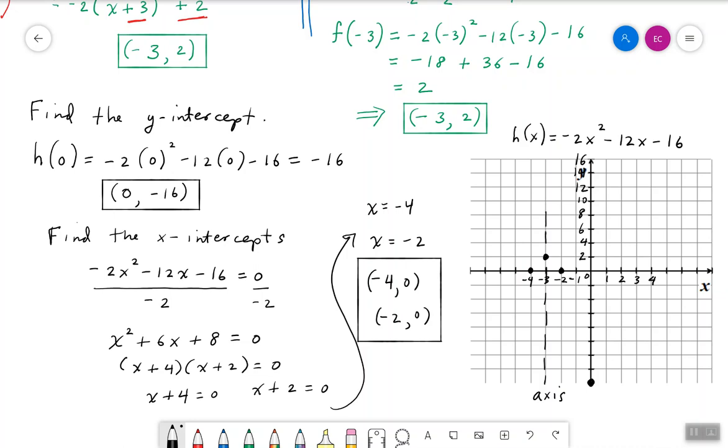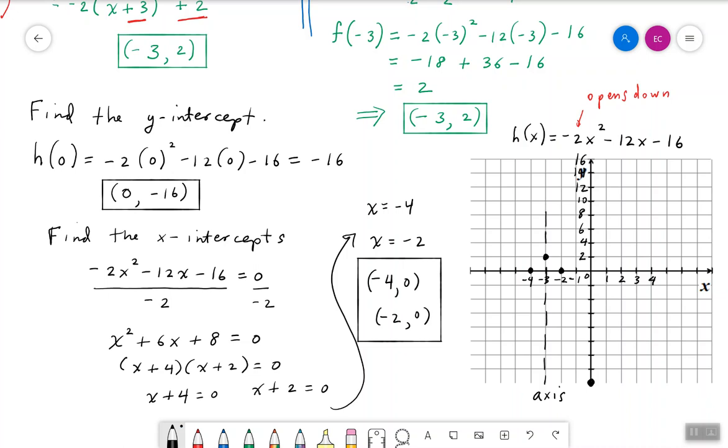How do you know? When we look at the leading term of the quadratic, the coefficient is negative, and so this tells us that the graph will open down. And of course that's what we see with the points on the graph.